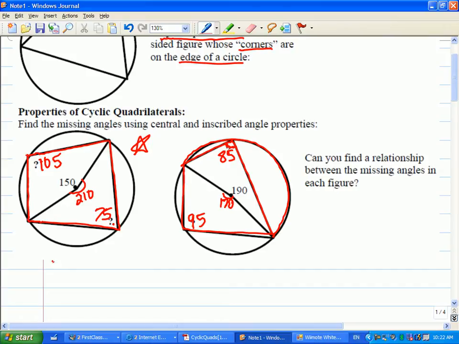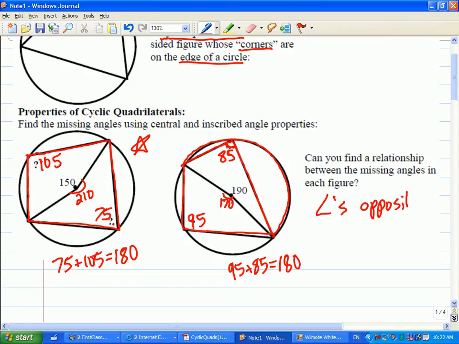So here, 75 and 105 add up to 180, and 95 and 85 add up to 180. So what we call this is we say that the angles opposite each other are supplementary if they add up to 180. So angles opposite add to 180.